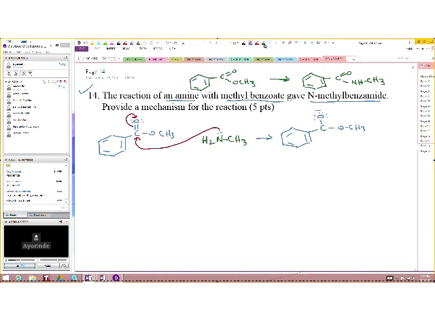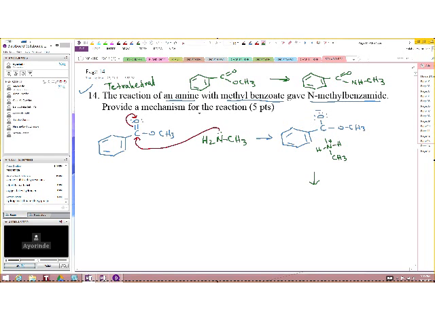So now we have this here. What will be the next thing that happens now? We form this tetrahedral intermediate. Hydrogen shift to the methoxy group.